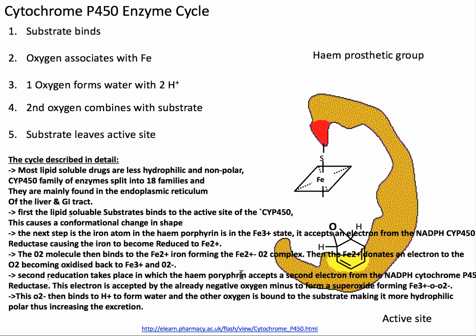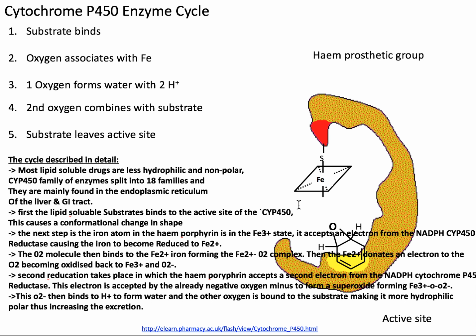Now a second reduction, which is the important part. You have a first reduction, and then another reduction in which the porphyrin accepts a second electron from the NADPH cytochrome P450 reductase. This electron is accepted by the already negative oxygen to form a superoxide. This one's not accepted by the iron; it goes straight. We don't quite understand the mechanism.